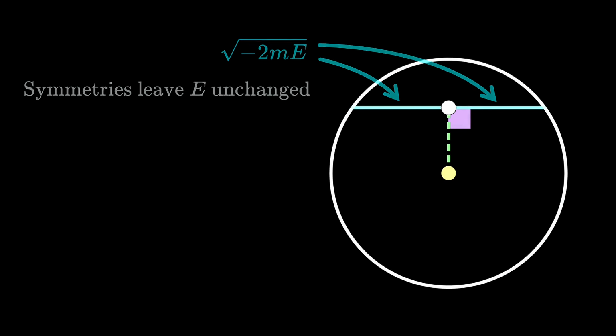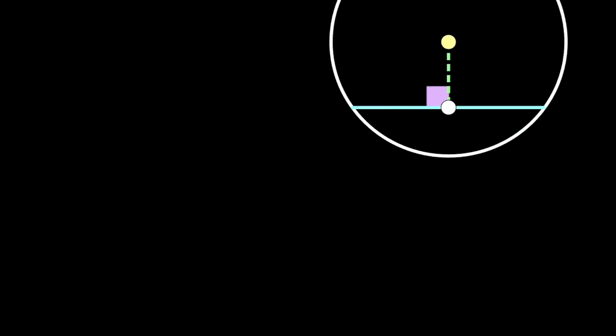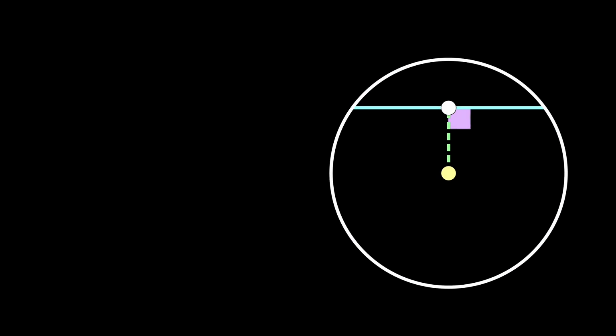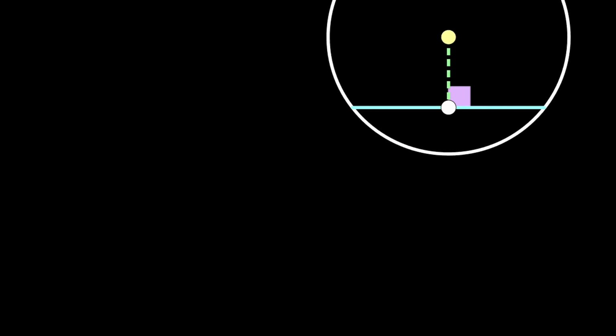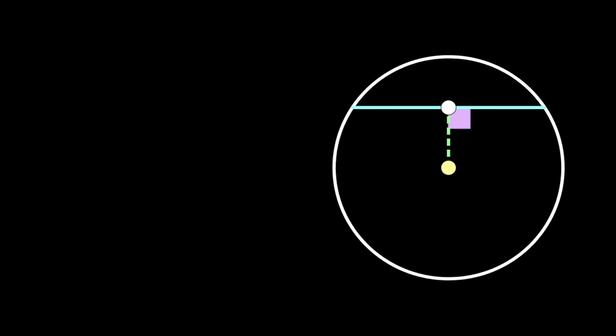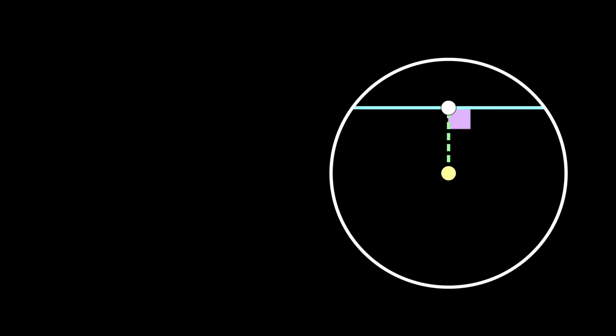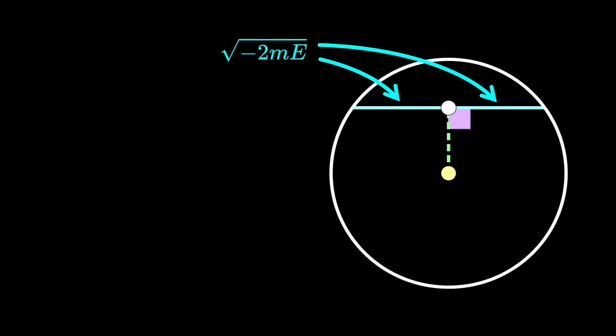A simple rotation like this doesn't change this length, so rotation is a symmetry. But there is another transformation, where I change the size of the circle, but fix these two points on the blue line. These transformations still count as symmetry because these segments' length, hence energy, remain unchanged.